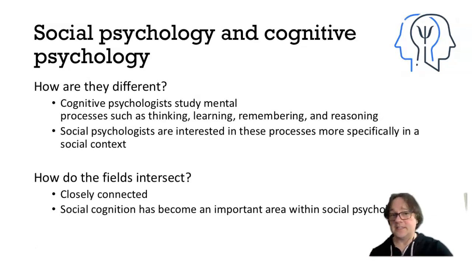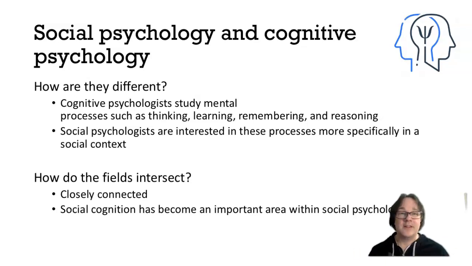Social psychology basically uses cognitive principles to explain how humans behave and think and feel in social situations, right? So a cognitive psychologist might be interested in studying mental processes such as thinking and learning, remembering and reasoning. And social psychologists might be interested in all of those same processes, but within a social setting, right?